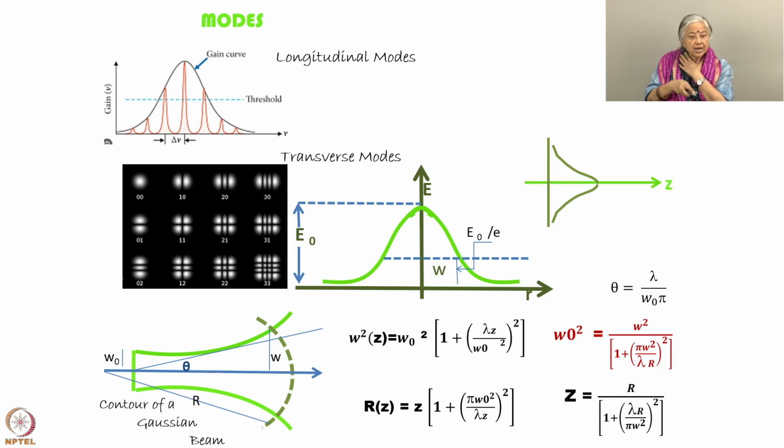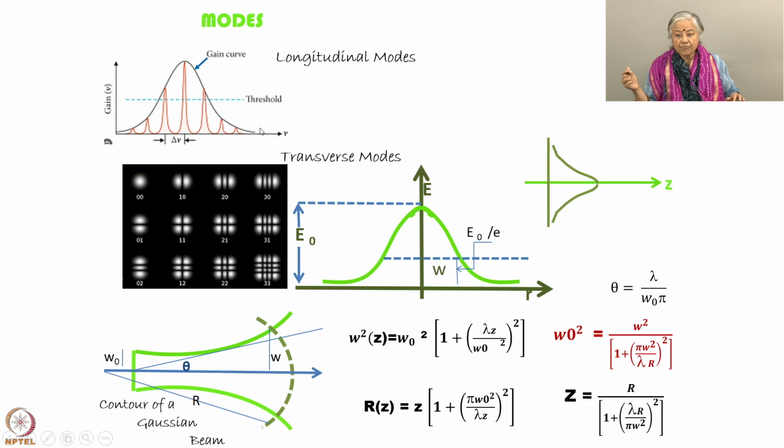So, here I have just given you a diagram of the different types of transverse modes. That means these are the spots that you will see at the end of the laser. And they are transverse to the axis, that is why they are called transverse modes.